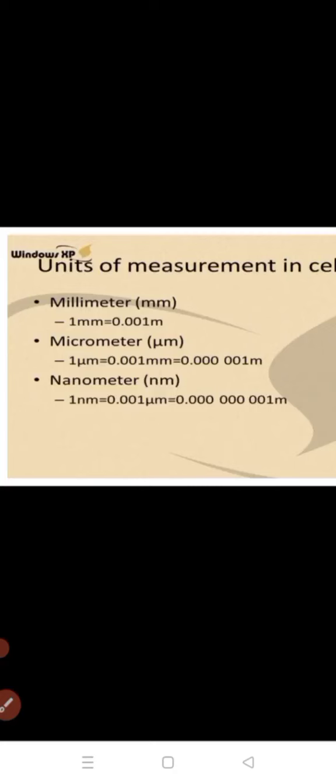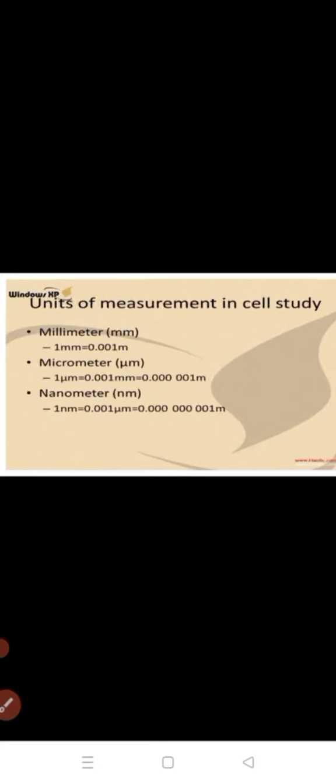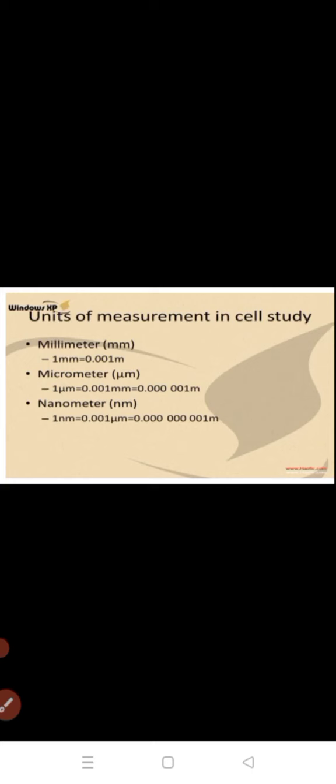And if it is very, very small, then we will measure it in nanometer, and 1 nanometer is equal to 0.00000001, or we can say 10 raised to minus 8. So we can say nanometer is a very small unit which can be used to measure a very small cell.